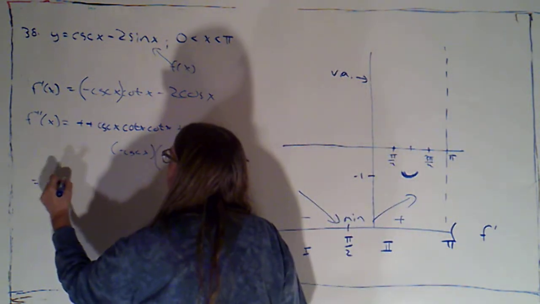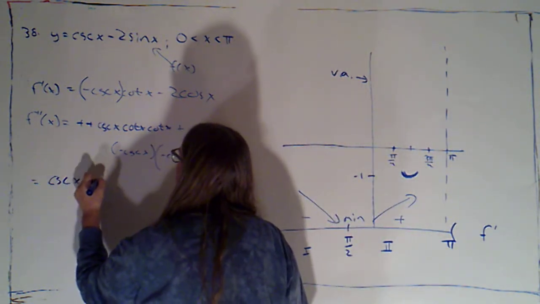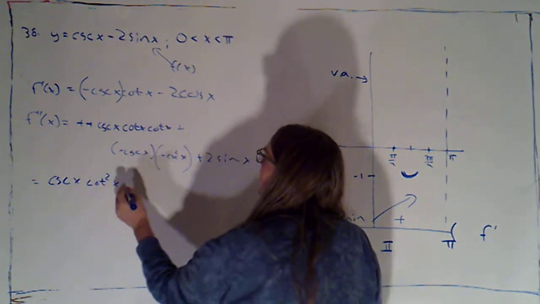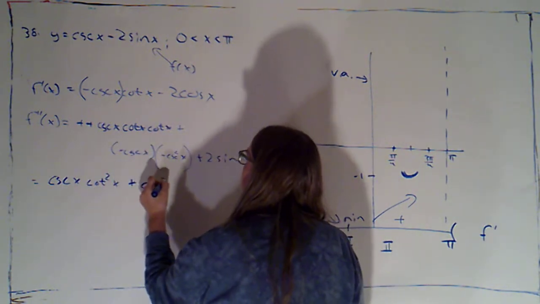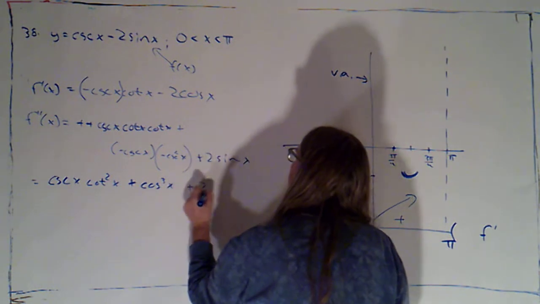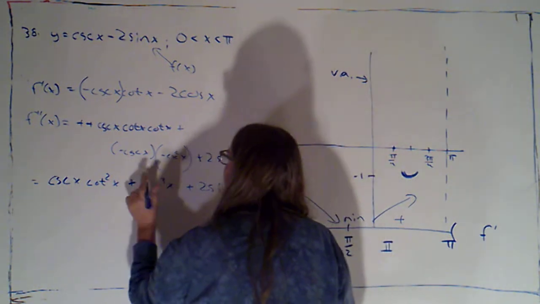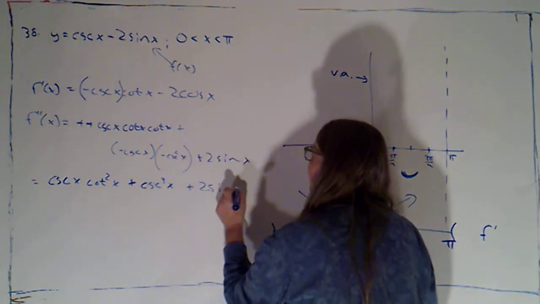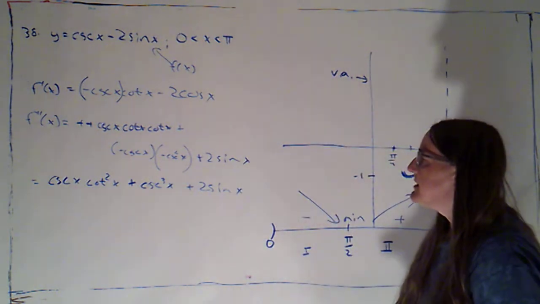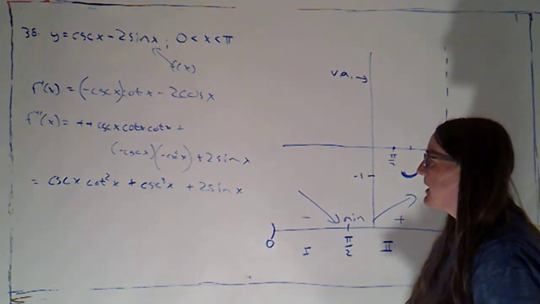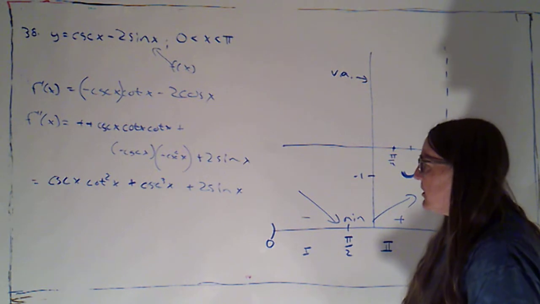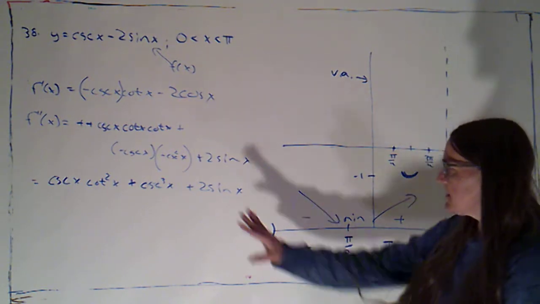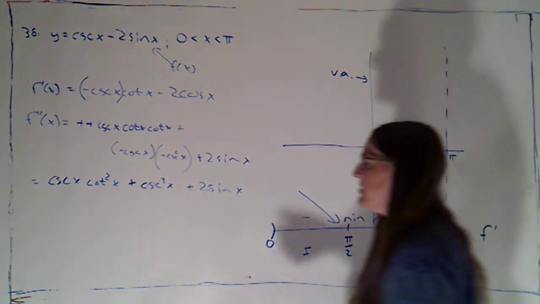So let's see what we've got here. We've got cosecant of x times cotangent squared x plus cosecant cubed x, sorry, that's cosecant, not cosine, plus 2 sine of x. Okay. So let's see. I think I'm just going to write everything in terms of sines and cosines.